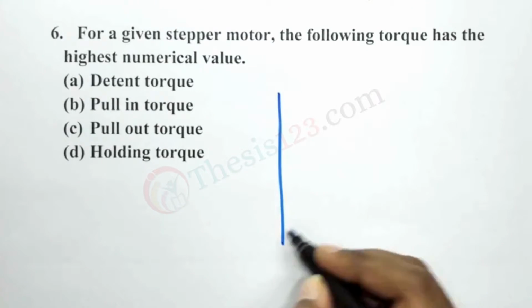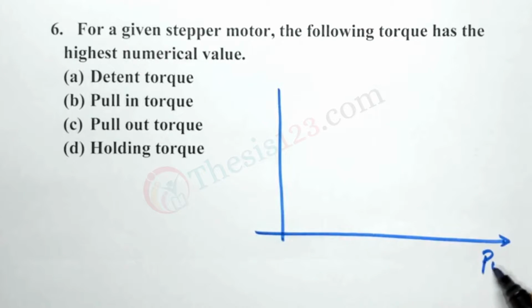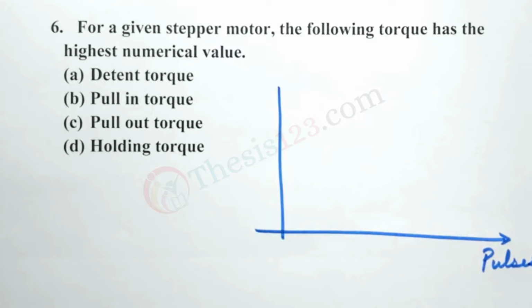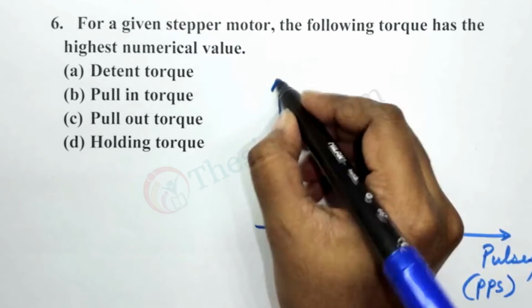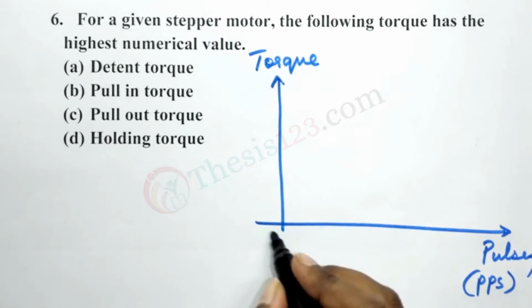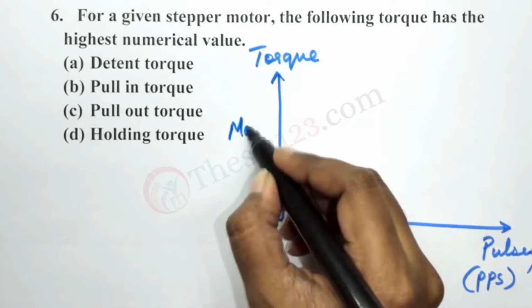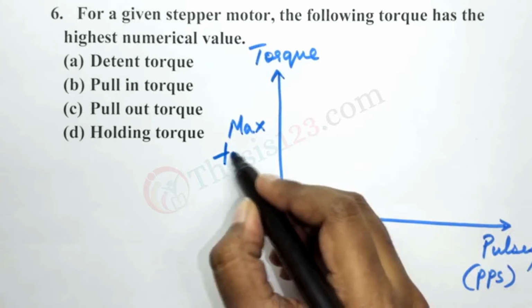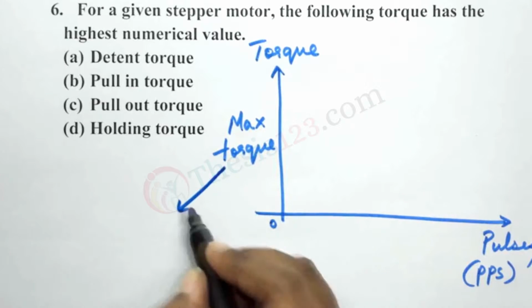So, here we have the pulses per second. So, that's PPS. And here we have our torque. This is torque versus pulses. And we will have to find out the maximum torque. Now the maximum torque is supposed to be the steady torque.